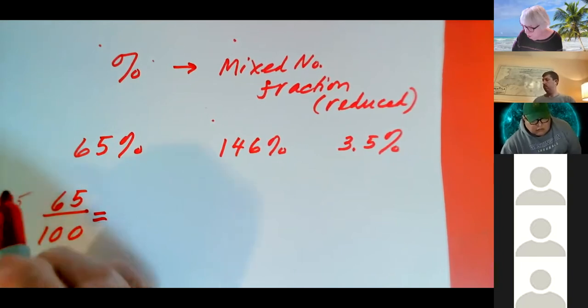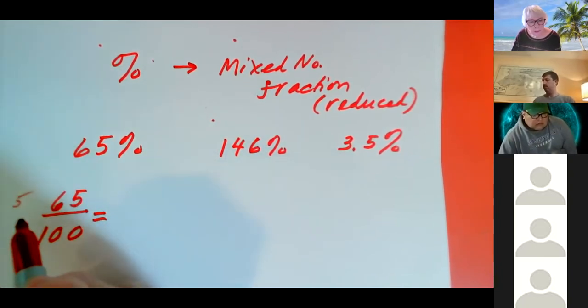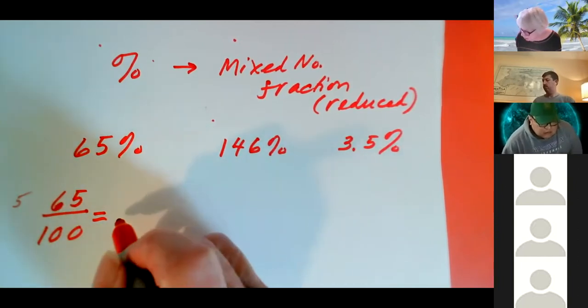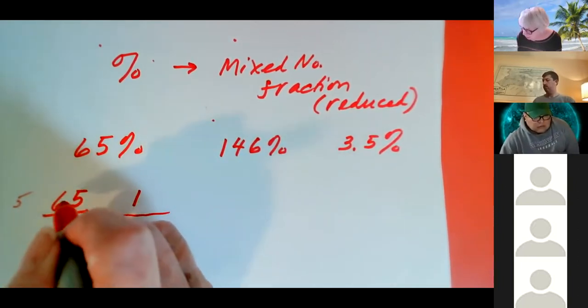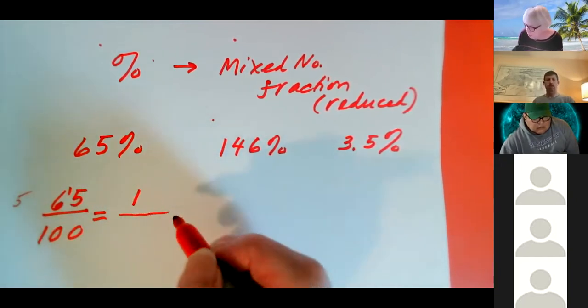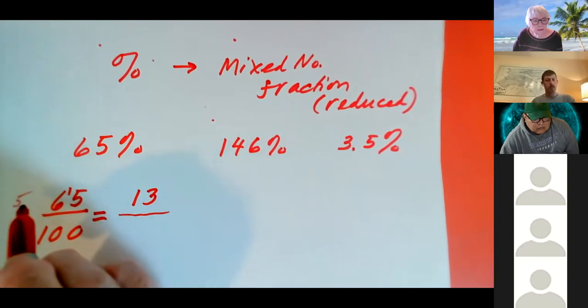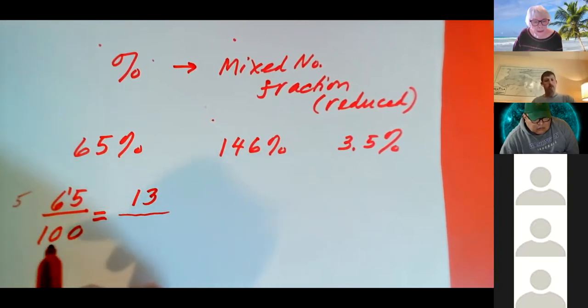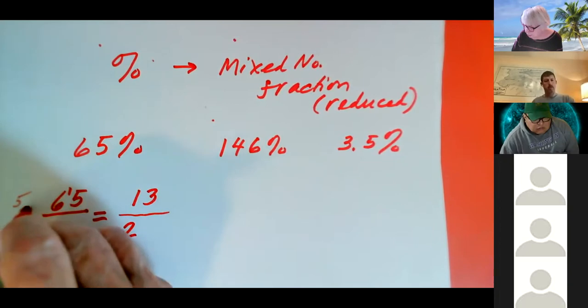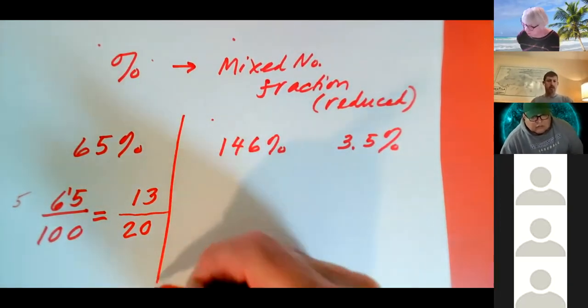I'm going to reduce by 5 because I can see 5 would be a good shot. 5 into 6 is 1. 1 left over. 5 into 15 is 3. I like that. 13. That looks like a good number. 5 into 10 is 2. 5 into 0 is 0. You think that's reduced? Yes.